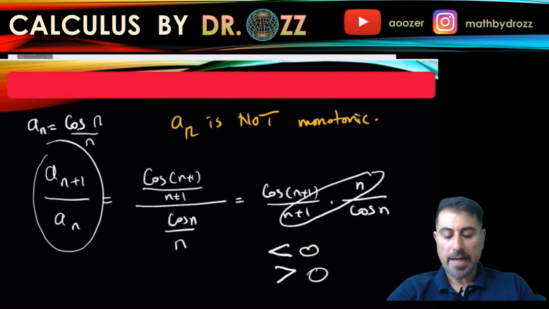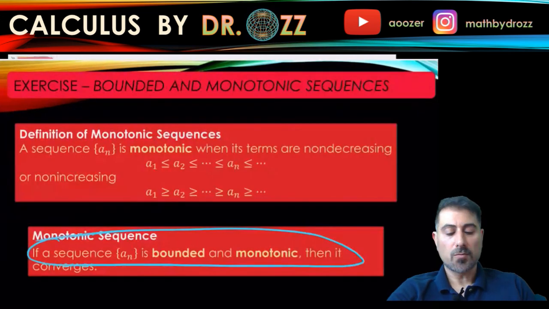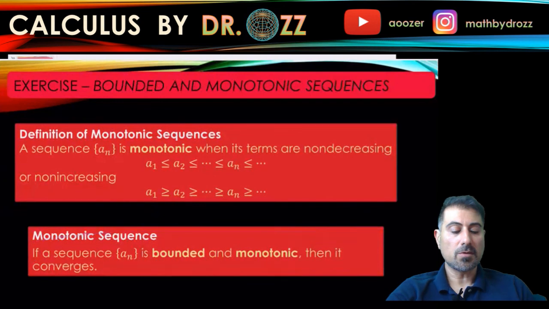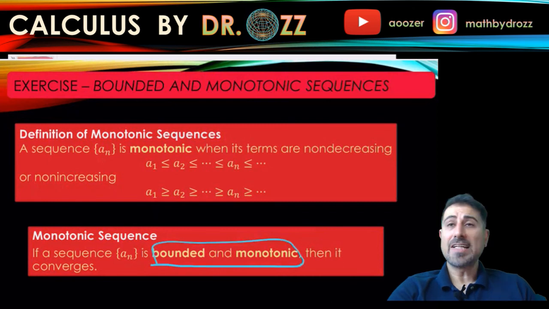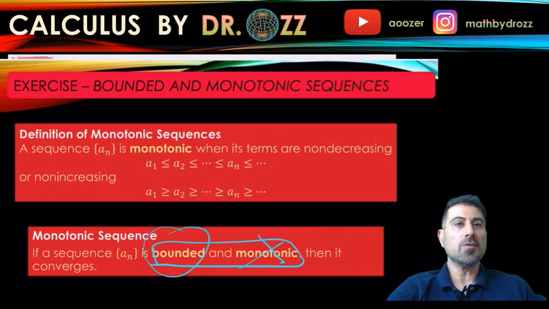So going back to the theorem, we can't really deduce anything about the convergency of the sequence using these two properties, because this is a nice theorem, and once you have boundedness and monotonicity of the sequence, convergency is in your pocket. I don't have the monotonic part, so this is not enough for me to conclude anything about convergency.